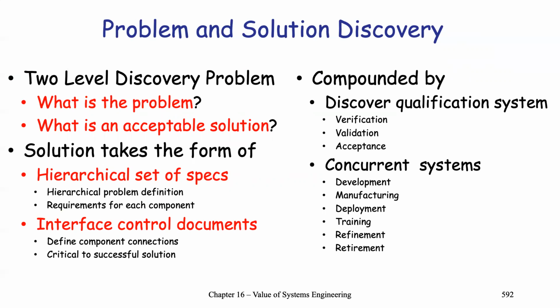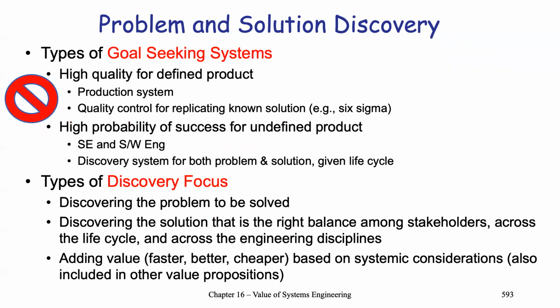And this is compounded by the discovery qualification system and concurrent systems. And so there's just a lot of moving parts that need to be walked through when you're in the problem and solution discovery part of a program.